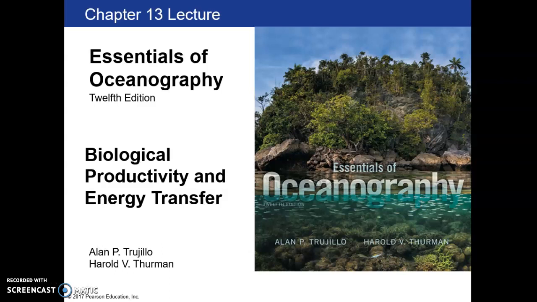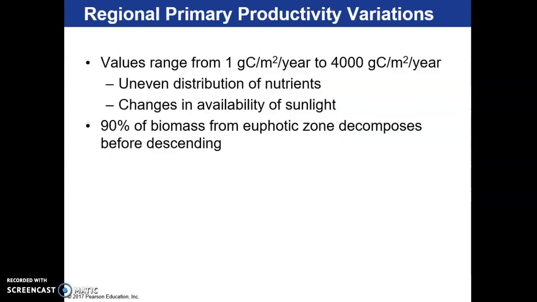Remember that productivity means anything that makes its own food. So the amount of creatures or organisms that are making their own food dictate how productive that area is, and that's using either photosynthesis or chemosynthesis.